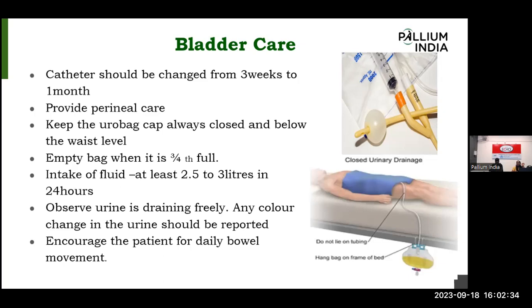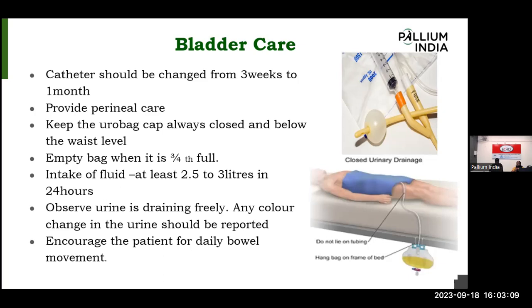So the third important point is bowel movement. The first one is to ask the patient to take plenty of oral fluids. The second important thing is to provide good perineal care all the time, at least three times a day. And encouraging proper daily bowel movement is also important, because if they have constipation, what happens?